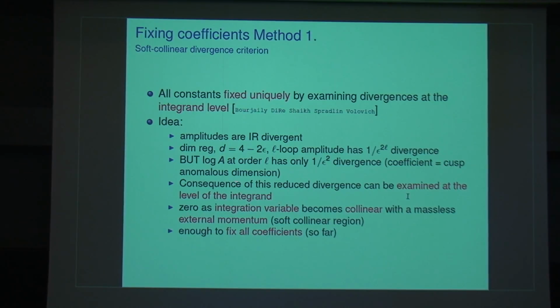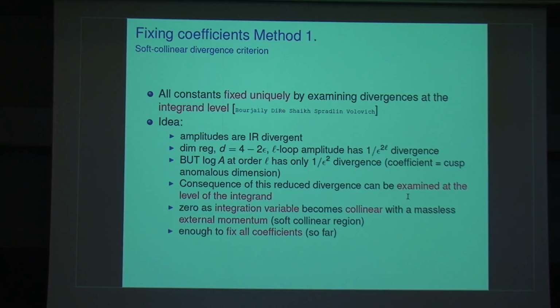It says that the log of the amplitude, as we know from, well, for lots of reasons, in particular from the BDS, only has a 1 over epsilon squared divergence, whereas the amplitude itself has a 1 over epsilon to the 2L divergence. So you can examine where the divergences come from, and look at the log of the amplitude at the level of the integrand, and this puts constraints.